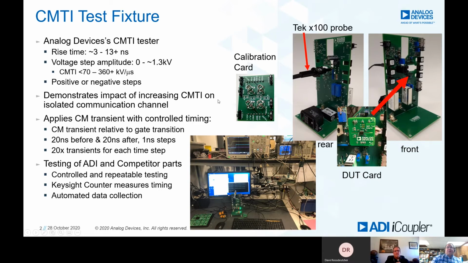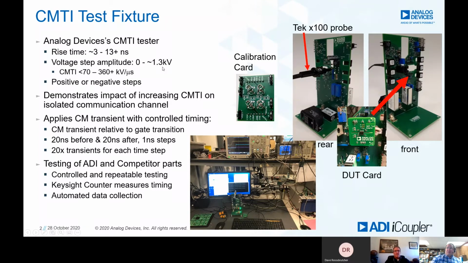With our fixture, we're able to apply a transient with rise times anywhere from about 3 nanoseconds to over 13. And then we have a power supply that we can adjust the magnitude of that step from about 0 to about 1.3 kilovolts.